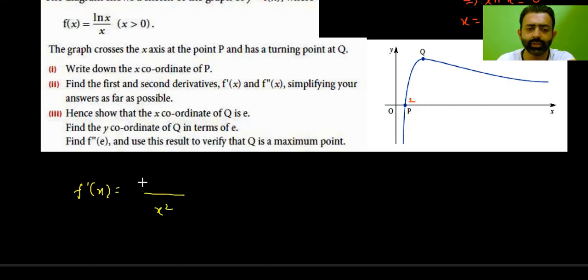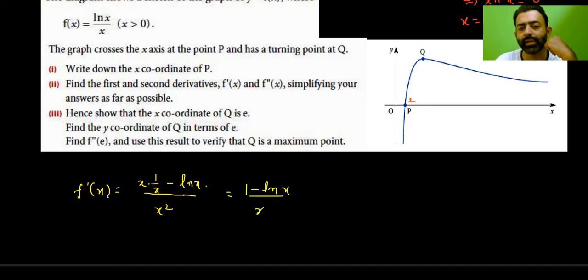So this is x square, keeping x as it is, then differentiating ln x, which is just 1 upon x, minus keeping ln x as it is and derivative of x is just 1. So it is 1 minus ln x upon x square. This is the first derivative.